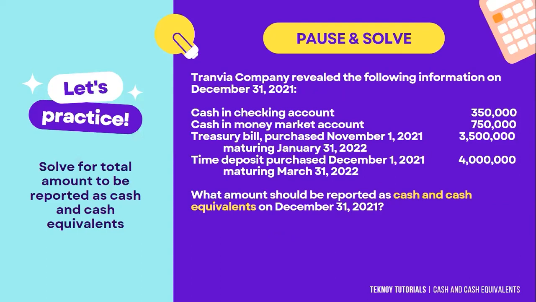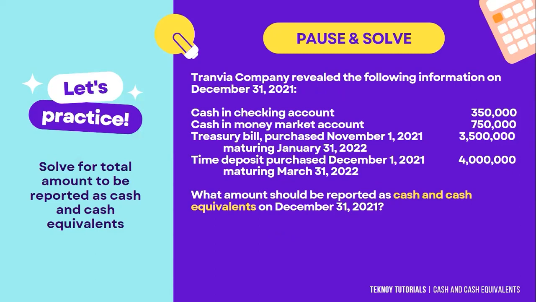Trandia Company revealed the following information on December 31, 2021. Cash in checking account, 350,000. Cash in money market account, 750,000. Treasury bill, purchased November 1, 2021, maturing on January 31, 2022, 3,500,000.